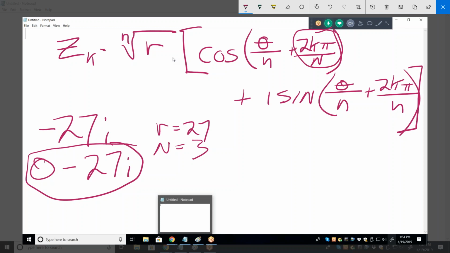Well, that's not true. I'm sorry. It's been a while since I've done this one also. Let's figure out what theta is. That's the only thing missing. In other words, we have R, we have n, we know what k is going to do. The only thing we're missing is theta. Is that 270?